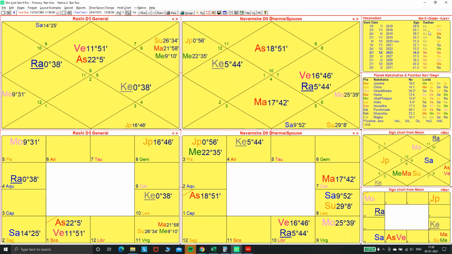I want to make a couple of points. We obviously talked about the Sun having a source of strength, but look at Mercury as well. Mercury is the 11th lord, strong in its own sign, and the 11th house is usually the house of gains, honors, recognition, and networking with a wider group of people, all essential skills required for politicians.